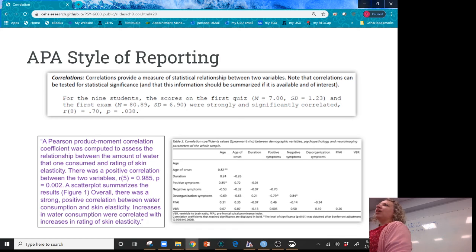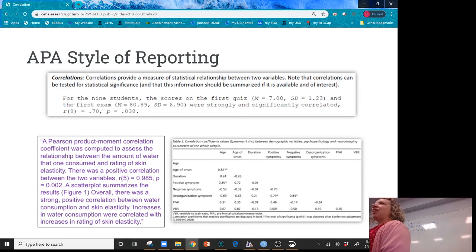I always test myself: I try to write the sentence without the numbers in it first. So if we ignore all the numbers, for the 9 students, the scores on the first quiz and the first exam were strongly and significantly correlated. Then you just jam in your numbers where they go.